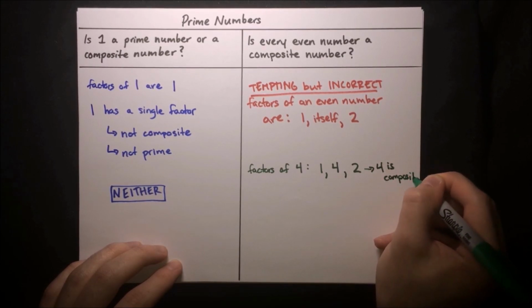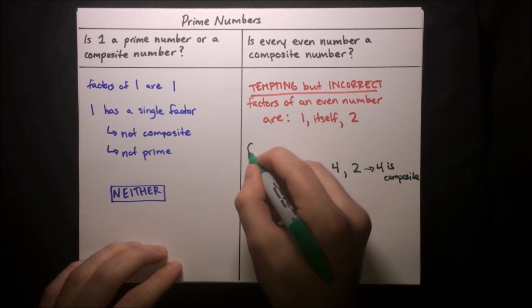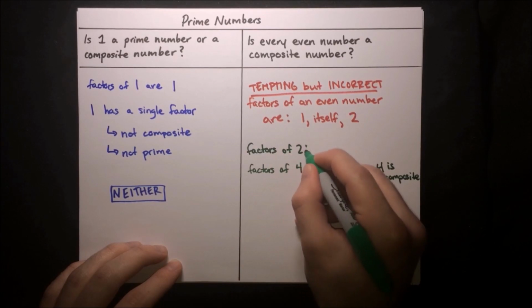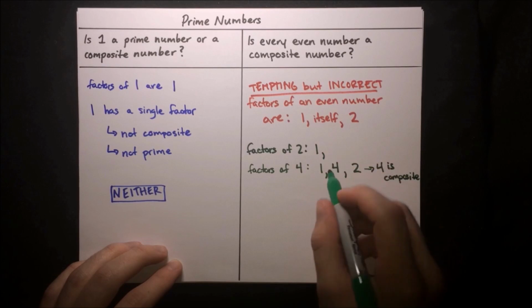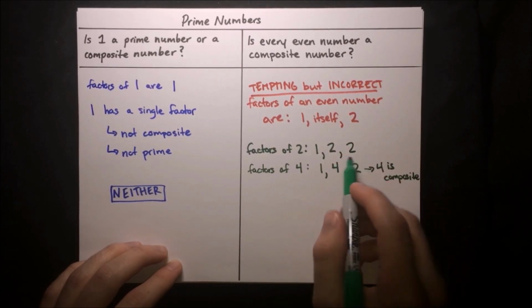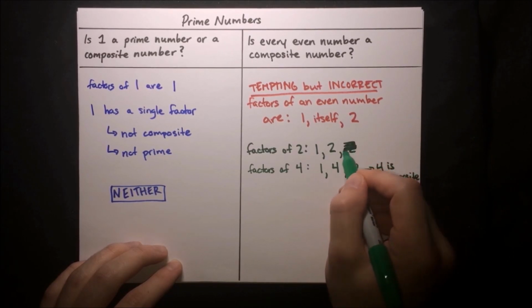But how about if we try this argument on the number 2? What are the factors of 2? Well, there's 1 itself, 2, and 2. But we can't repeat factors because we need distinct factors, so we should erase one of those 2's.